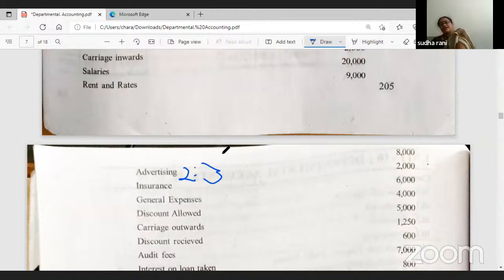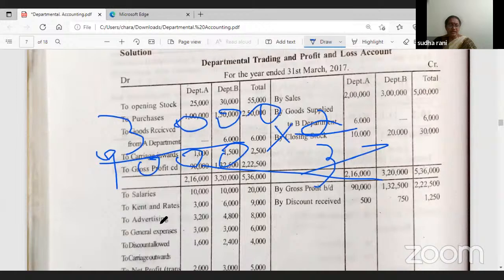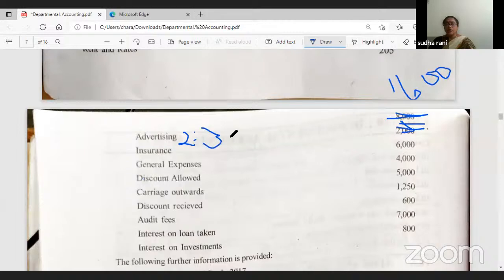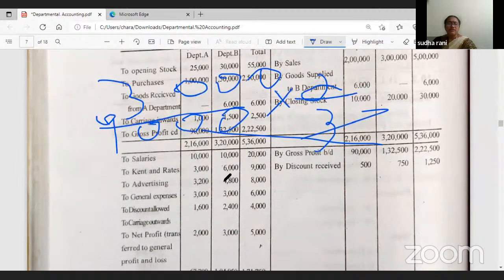So now advertising, whatever the amount is there, 8,000, you distribute in the 2:3 ratio of sales. 2:3 means the total is 5, so 2/5 and 3/5. 8,000 by 5 is 1,600. 1,600 into 2 is 3,200, so advertising 3,200 for department A. And 1,600 into 3 is 4,800 for department B. Okay, got it?